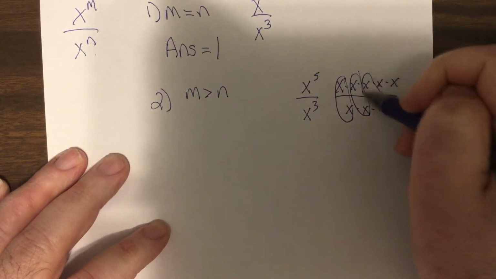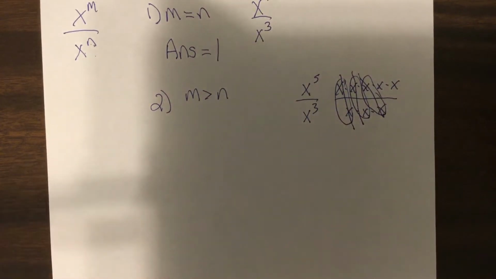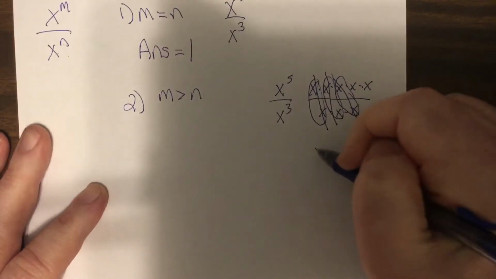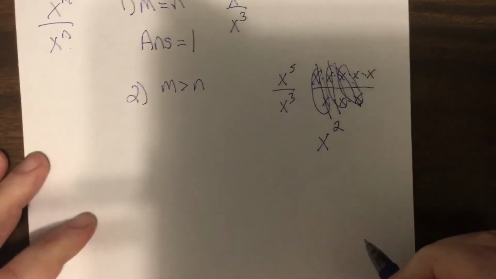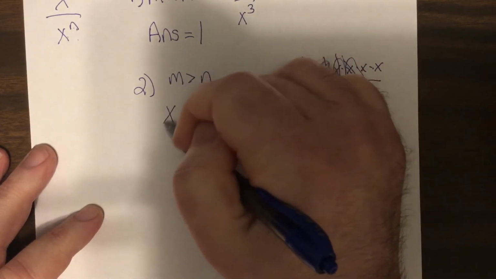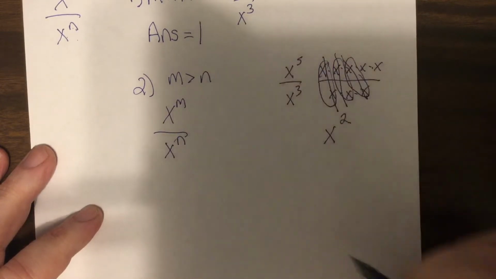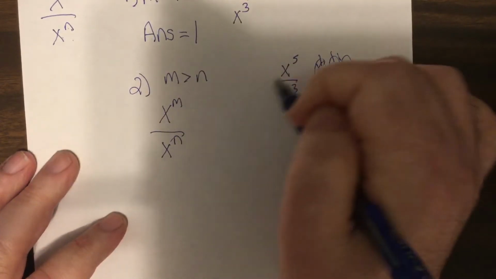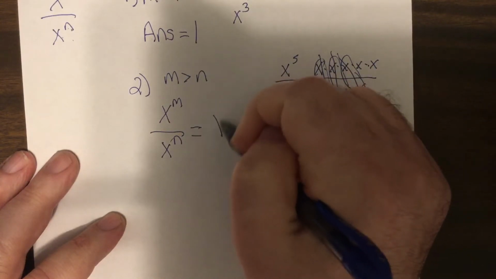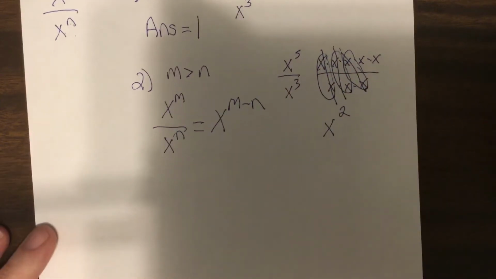So each one of the bottom base cancels out with 1 of the top, so you're left with x squared in this specific problem. So when you divide 2 things same base, and the top power is bigger, now what's canceling in mathematics? Subtraction. So it'd be x to the m minus n power.